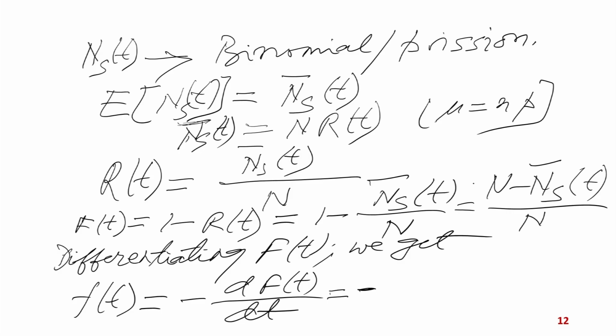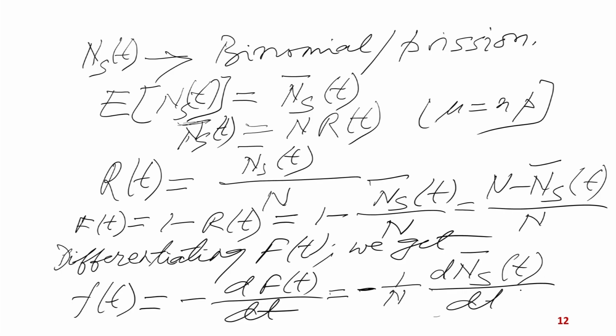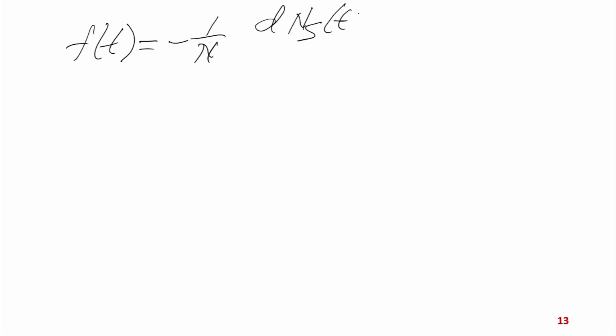So, the 1 goes to 0, and it is 1 by n, then d of n s t divided by d t. So, I can write f t is equal to minus 1 by n, then d of n s t divided by d t.